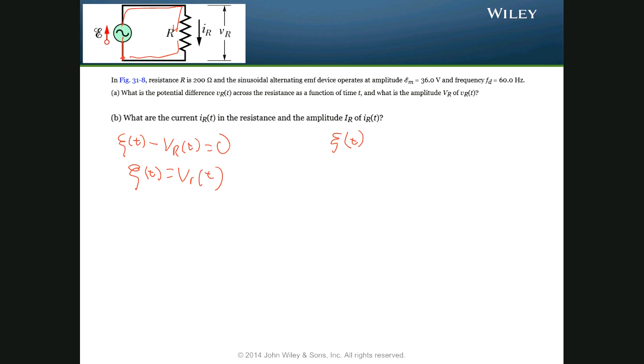So we know that this will be equal to, in symbolic form, E naught cosine omega t. We're just going to assume phi is 0. Okay.